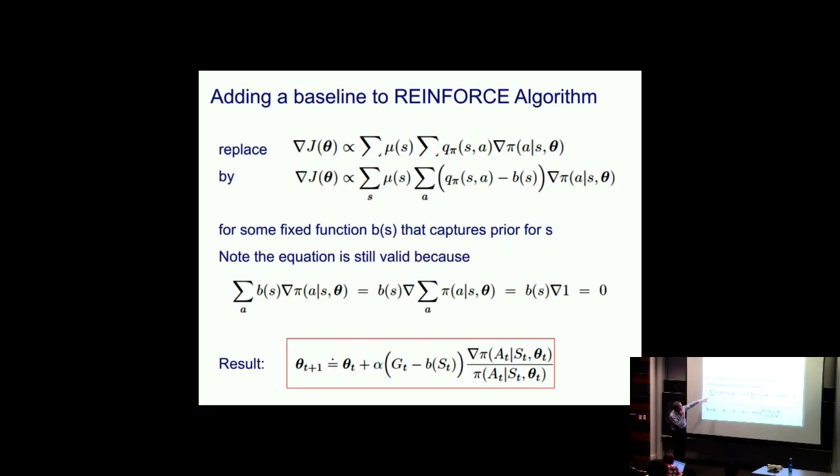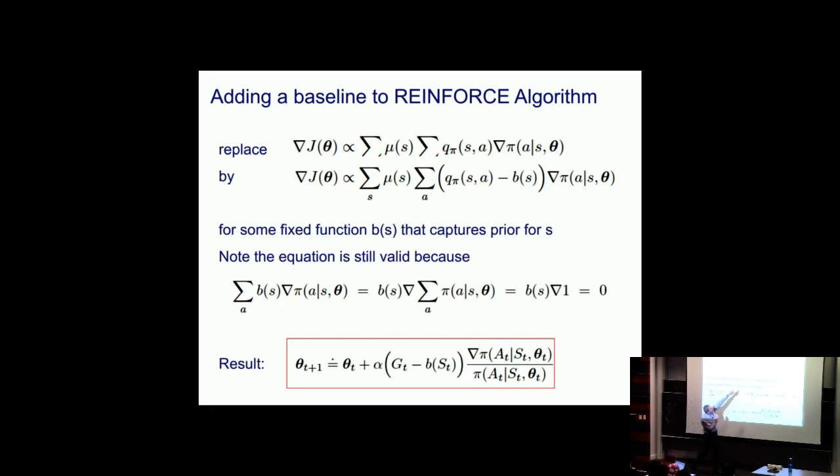And the question you should be asking yourself is, well, Tom, what makes you think that just arbitrarily adding in minus b of s will let us use that gradient? The answer is it will, because of this.